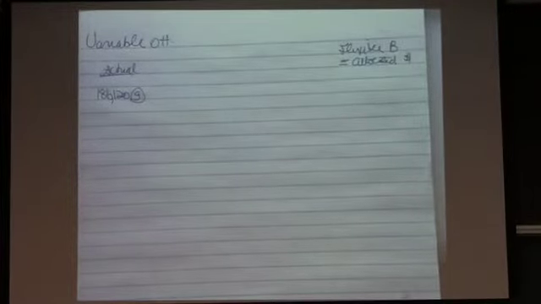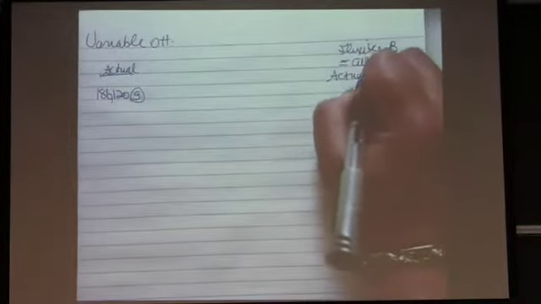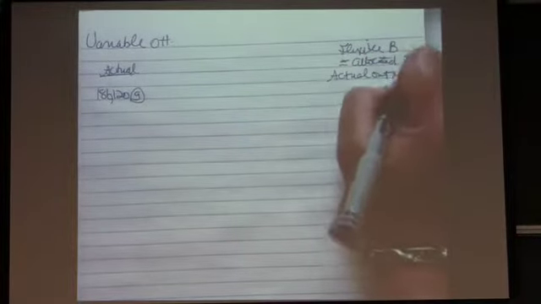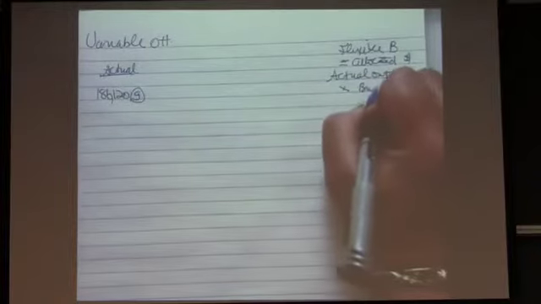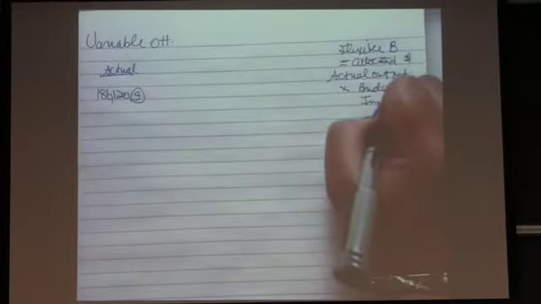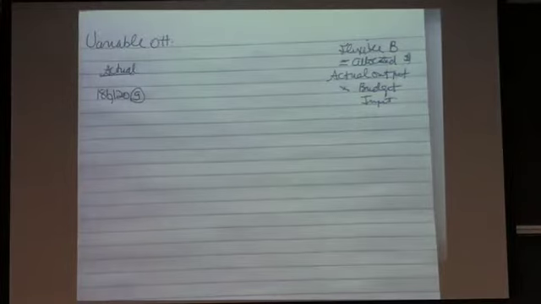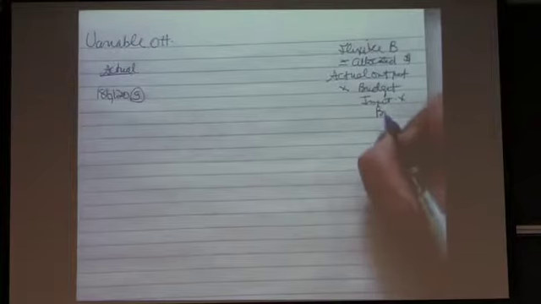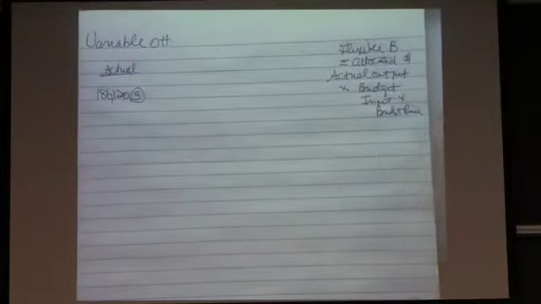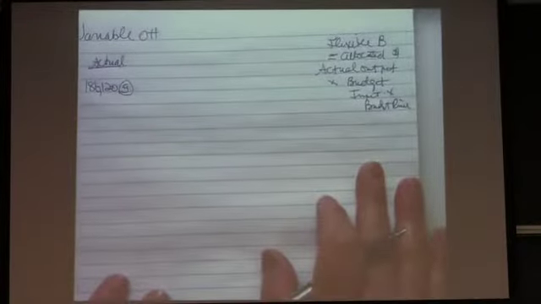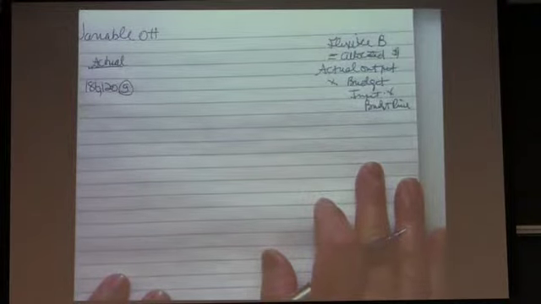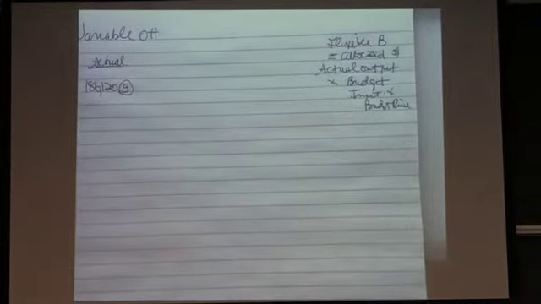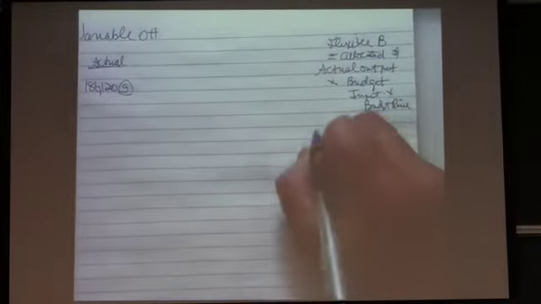It's going to be actual output times budgeted input, so it's actual output, the budgeted input, times the budget price for the actual output. Okay, so how do we do this? What was the actual output? So we know that the units of output was 49,200.